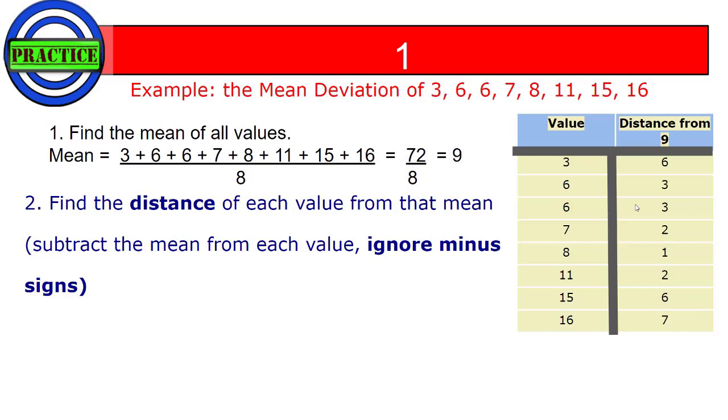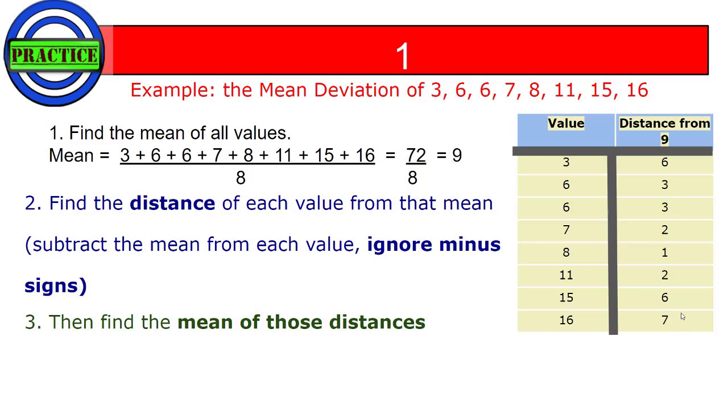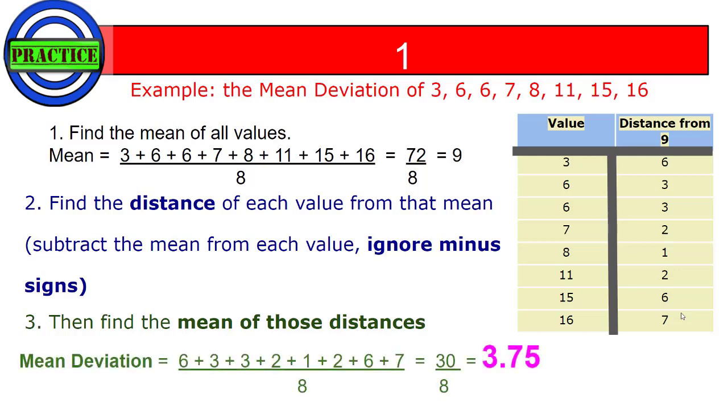And what I'm going to do now is ignore my first mean here, and work with these numbers here. Remember that I have 8 of them. So I'm going to find the mean of the distances there. So I will add them all up, the 6, the 3, the 3, the 2, the 1, the 2, the 6, and the 7, which would make 30.